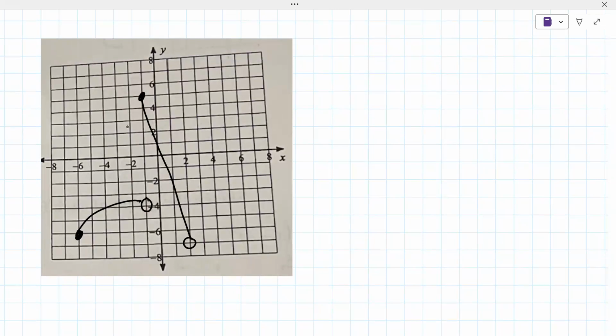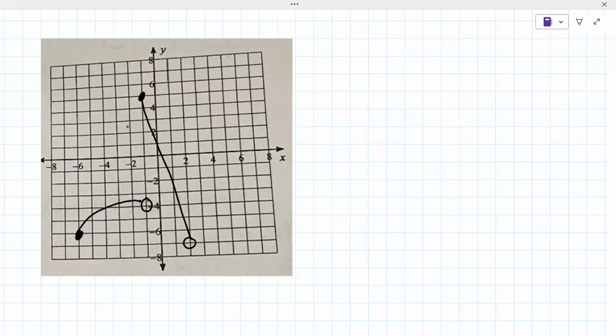Let me know when you get that graph. All right.